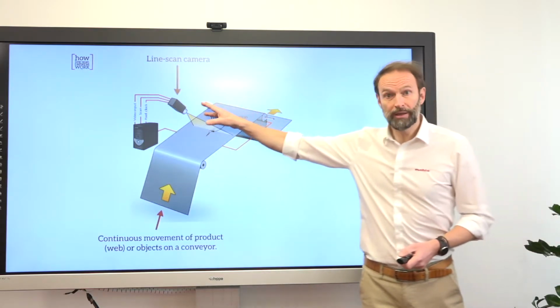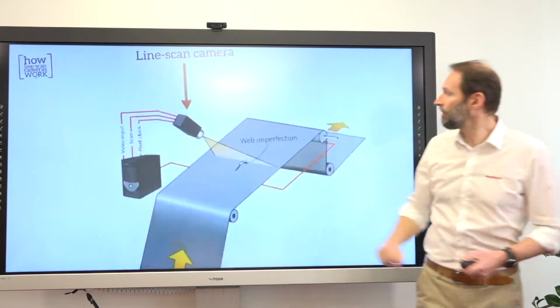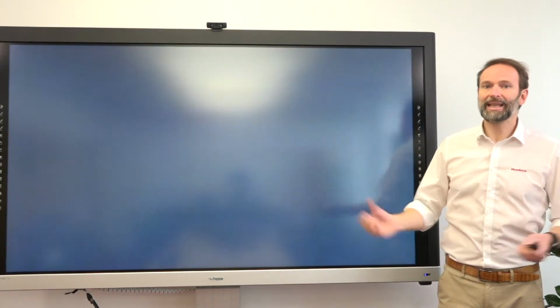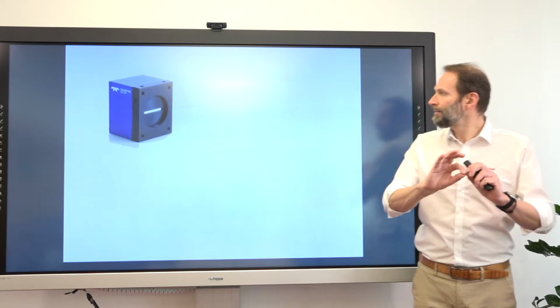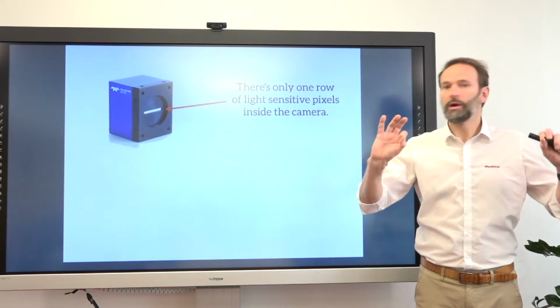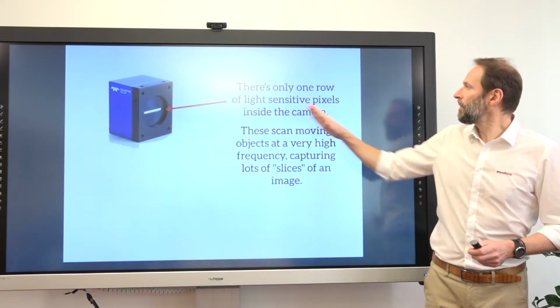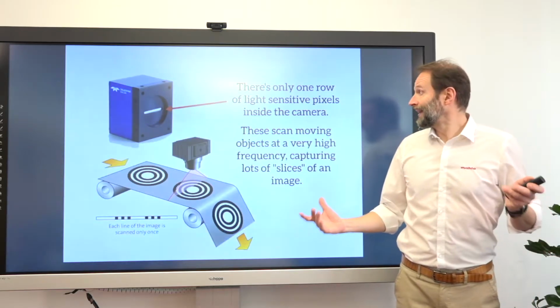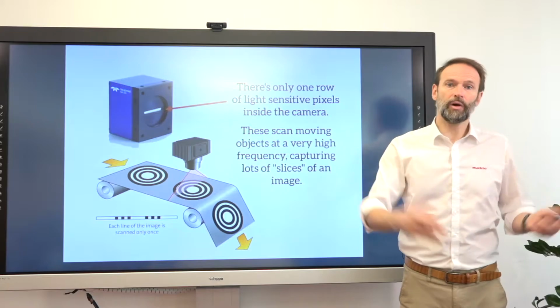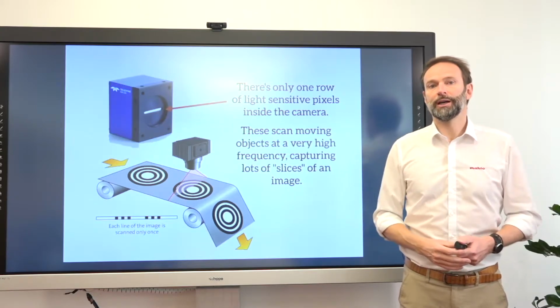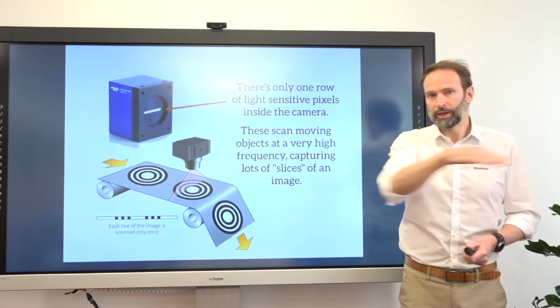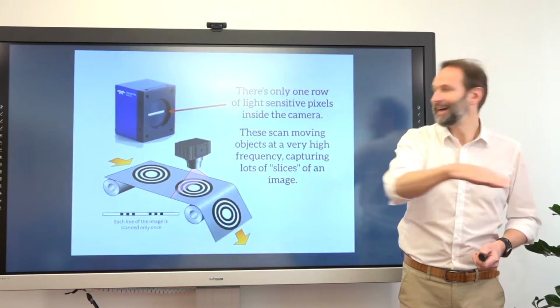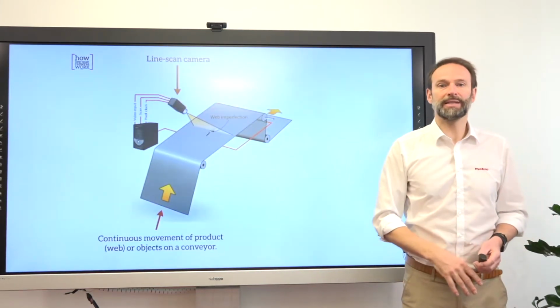We have the cameras over there, we have an encoder over there. The line scan camera is having a very, very thin line of 1 millimeter, so only one row of light, like the old scanners that you had with your printer, where you could actually scan a paper line by line. It's exactly the same principle.